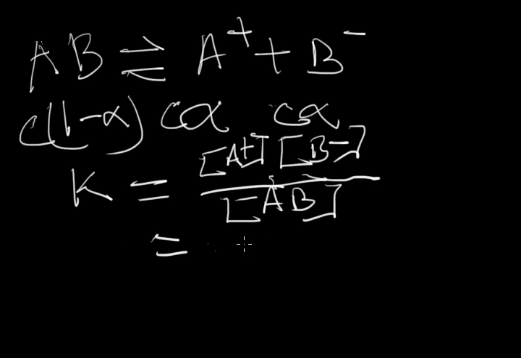Now, molar concentration of A plus is C alpha. Molar concentration of B minus is also C alpha. And molar concentration of AB is C into 1 minus alpha.